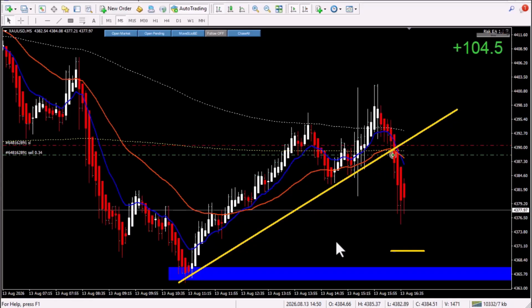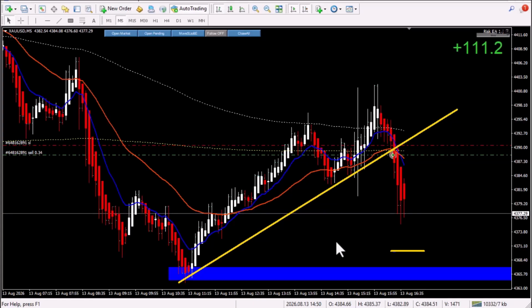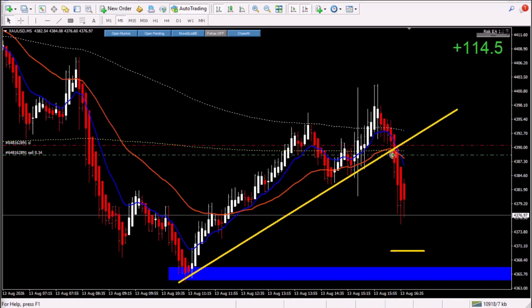Let's wait and see. This is a small scalping day trading combination trade. Not only day trading, not only scalping, it is a day trading and scalping combination trade, and we will turn it into a possible swing trade. Let's see how it moves.